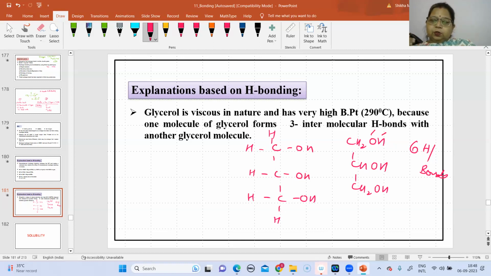When you visit places like Kashmir in winters, especially when it is too cold, your skin becomes dry. I agree, you may not have experienced it, but the cake you must know. They put a small amount of glycerol into it. This glycerol, as I told you, can form 6 hydrogen bonds theoretically.